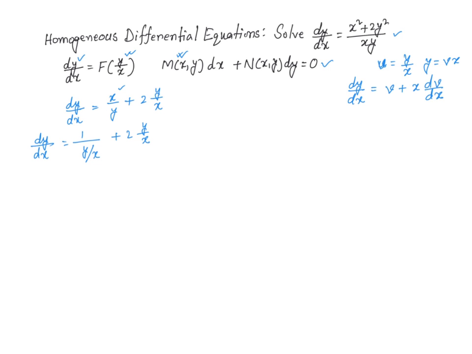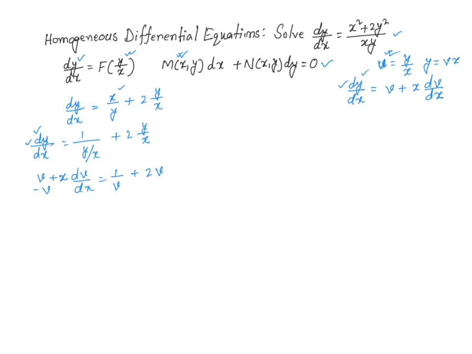Now, at this point, I'm going to take these values and substitute them into this equation. It's going to give me v plus x times dv over dx, which is just dy over dx, equal to, since v is y over x, on the right hand side 1 over v plus 2 times y over x, which is 2v.